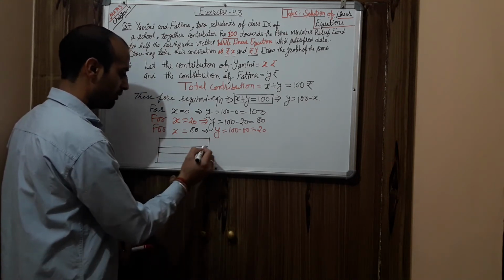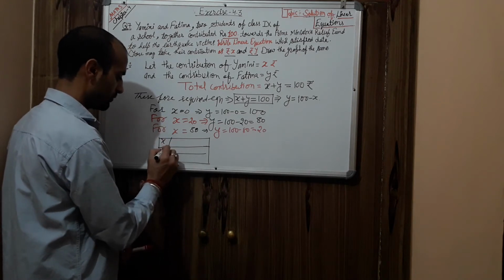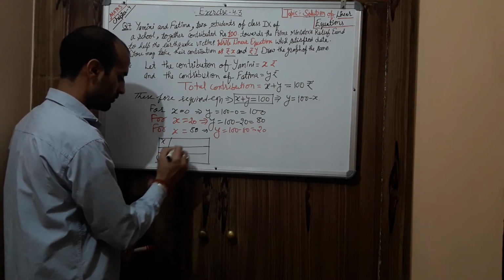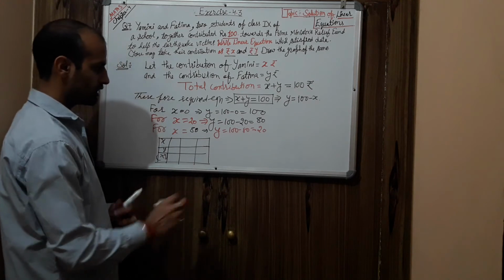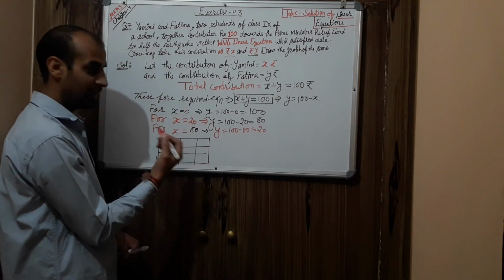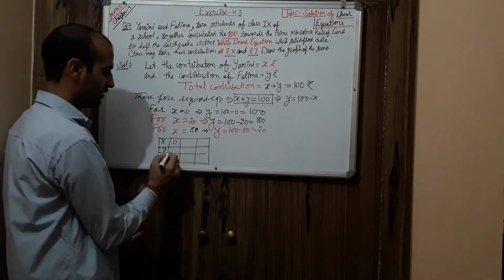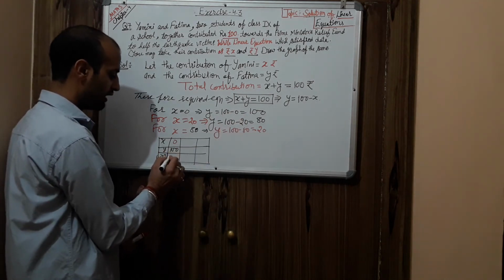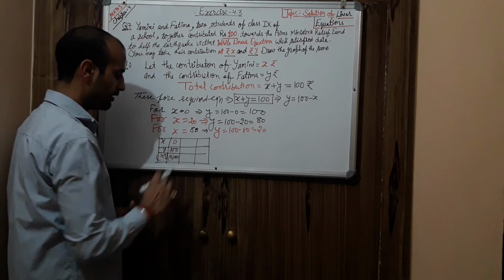You can even take many values. First value: x is 0, and at that time y value is 100. So the first point I can take is 0 comma 100.